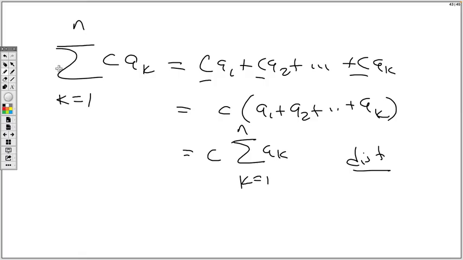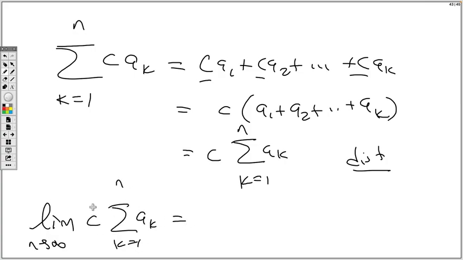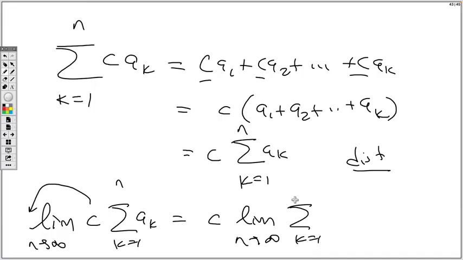Now, do limits respect constant multiples? If a limit exists, what can I do with the constant? Bring it out front. You follow or not, folks?